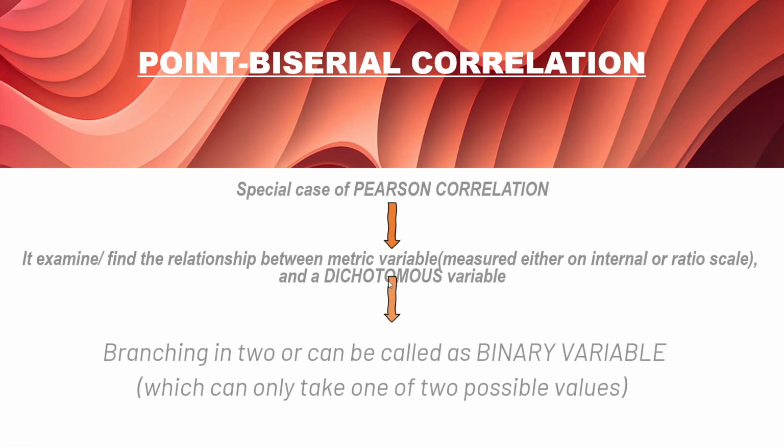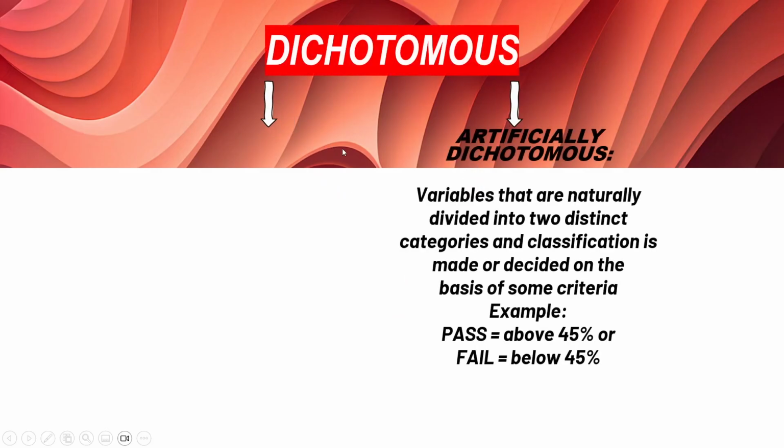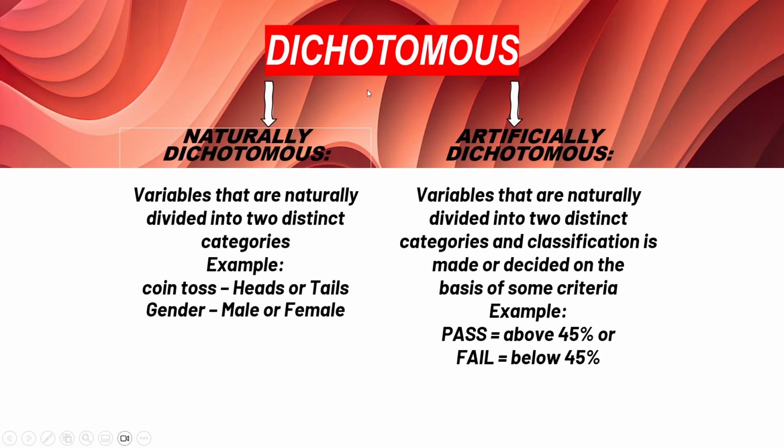Now, what is a dichotomous variable? A dichotomous variable is one which can only take one of two possible values. Hence, it can also be termed a binary variable. Generally, a dichotomous variable is categorized into two.